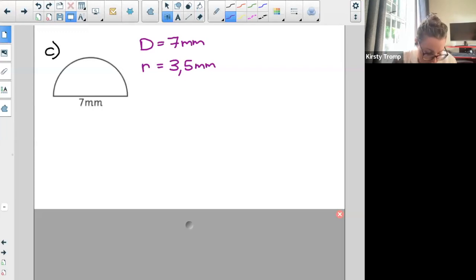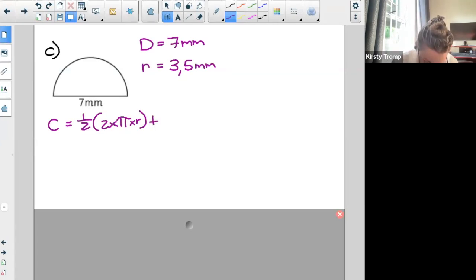Talk to me. How did you get the area? I started with the circumference first. That's fine. Let's go. Circumference. How did you get the circumference? So the formula for the circumference is 1/2 times 2 times pi times the radius, which is the 3,5, plus the diameter.